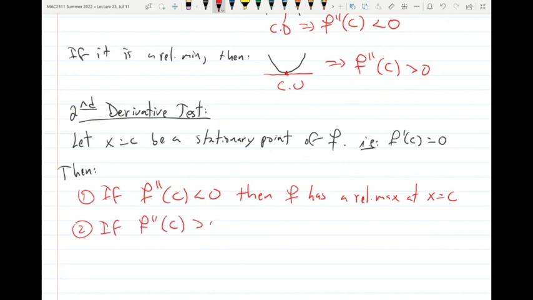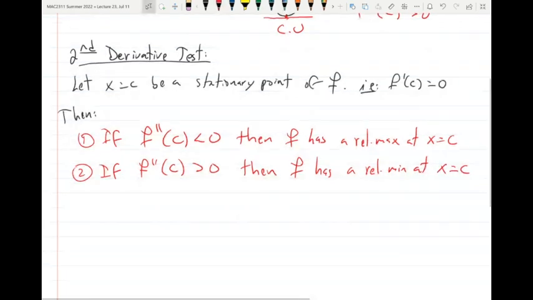If the second derivative at c is positive, then f has a relative min at x equals c. Okay.